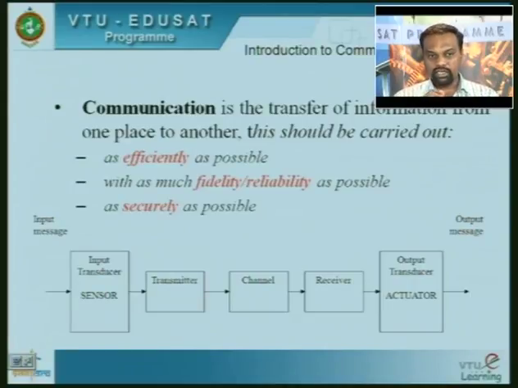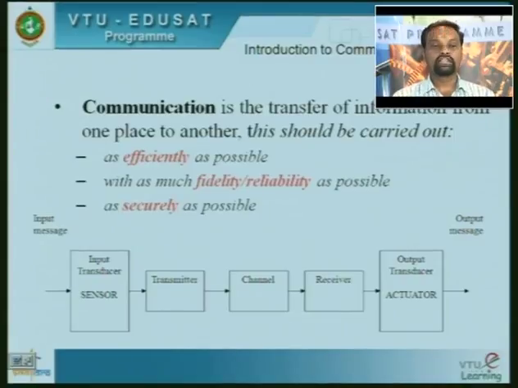Now the electrical signal that is coming out from a sensor is given to a unit called the transmitter. The purpose of the transmitter is to take this electrical signal, which is raw data, and do some processing on it. Why are we supposed to do the processing?